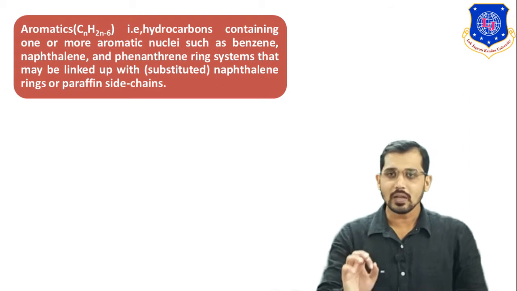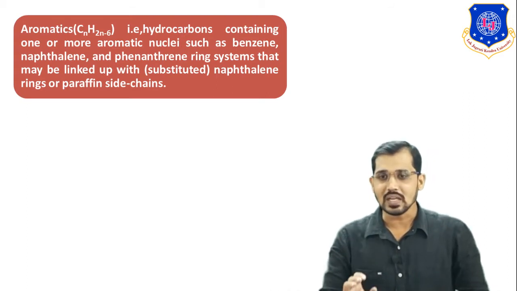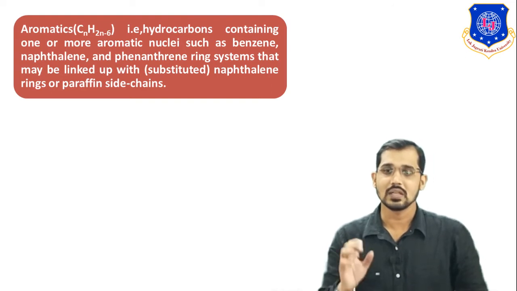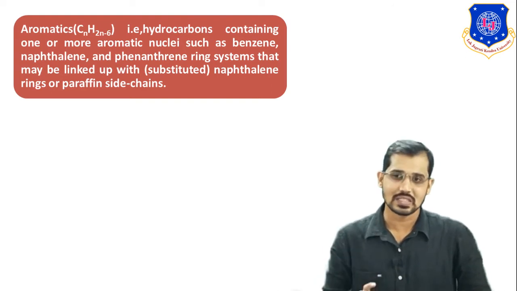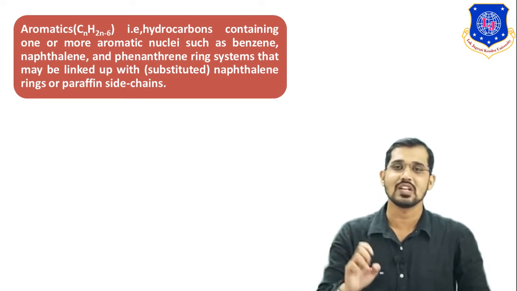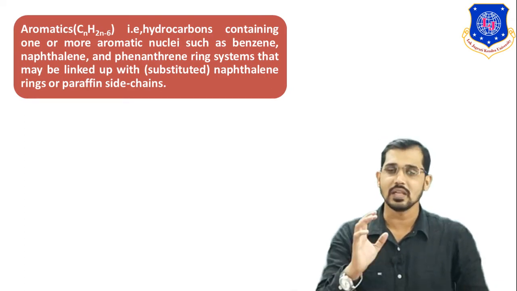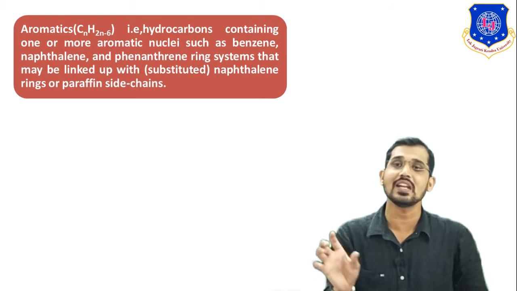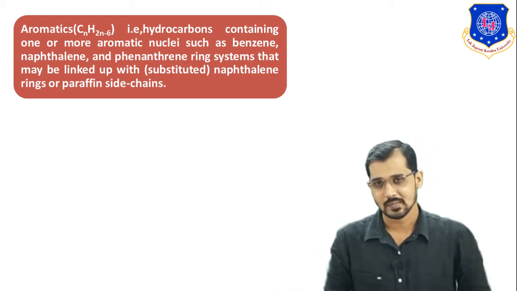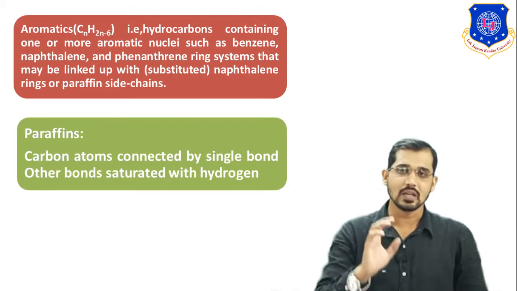It means aromatics contain more than one nucleus of the aromatics, containing various rings linked up with naphthalene rings, or I can say paraffin side chains. Means there is a ring present as well as various side chains present over the carbon atoms of the rings. This is related to the aromatics.